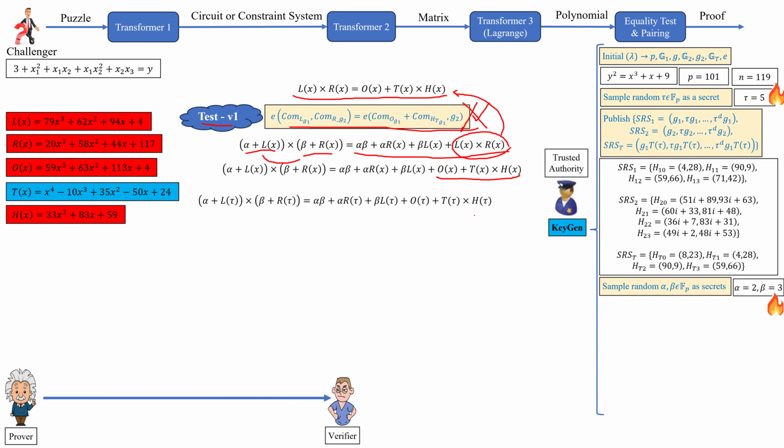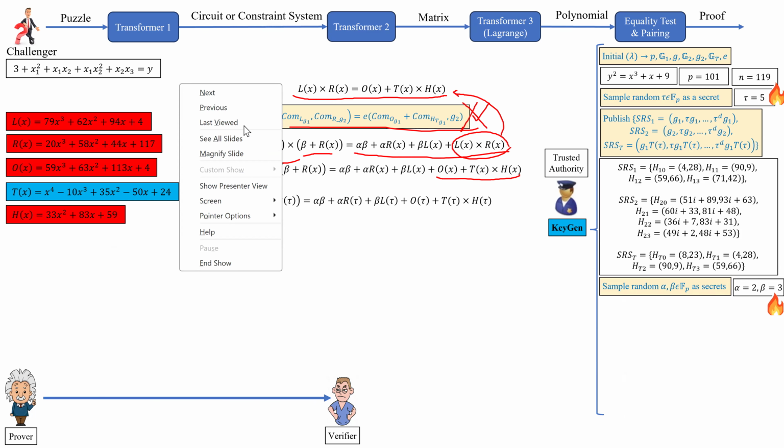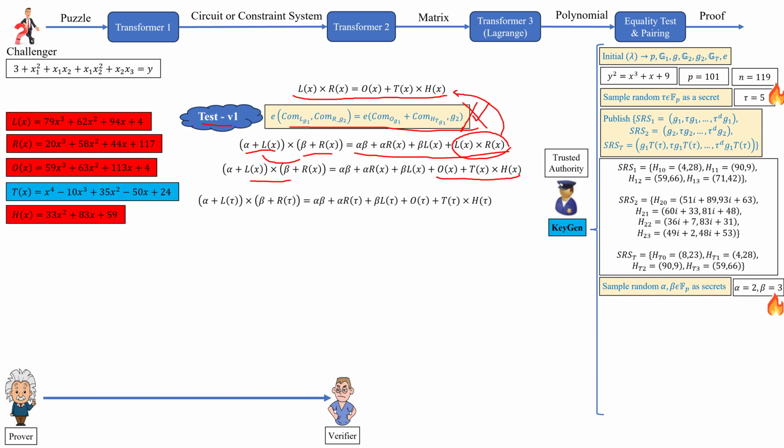Now, if you remember from the previous lecture, we mentioned that the prover doesn't need to send all of the polynomials to the verifier. The prover just computes the evaluation of the polynomial at point tau to the verifier, right? So the first test was this one, and the first test is converted into this one. And the prover wants to convince the verifier that I know the knowledge related to this equation.